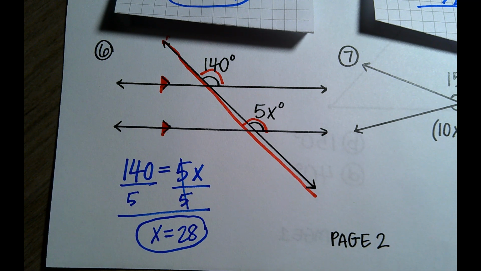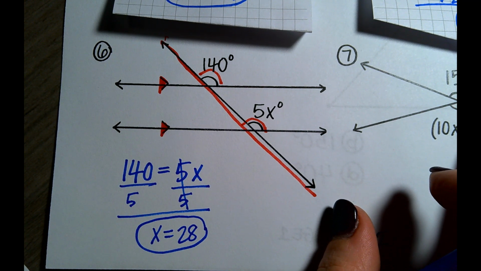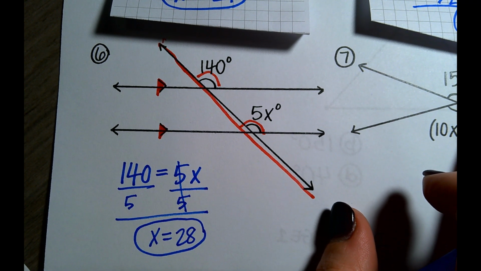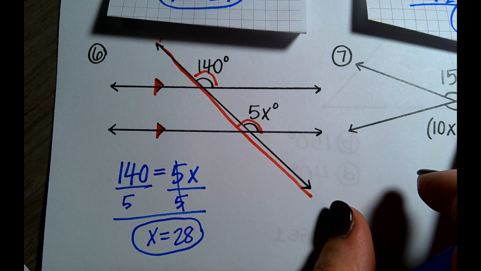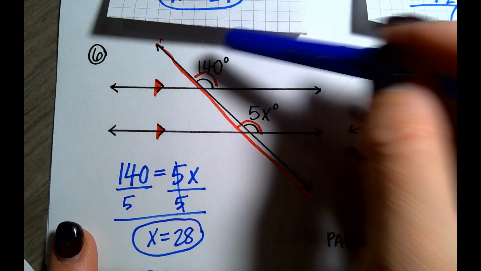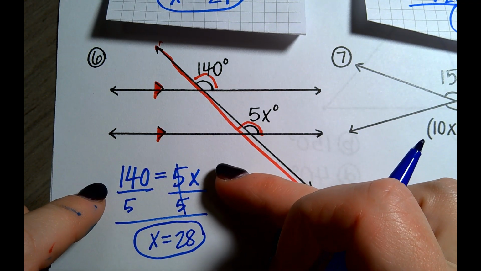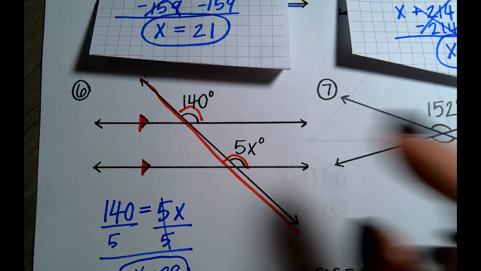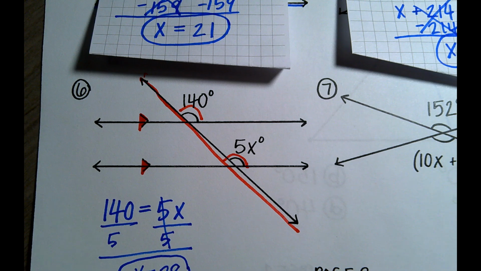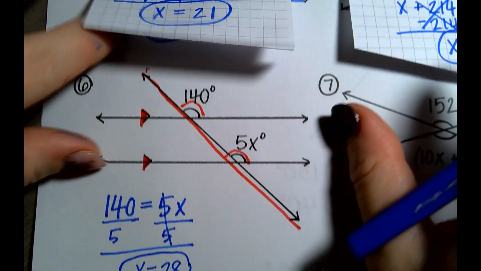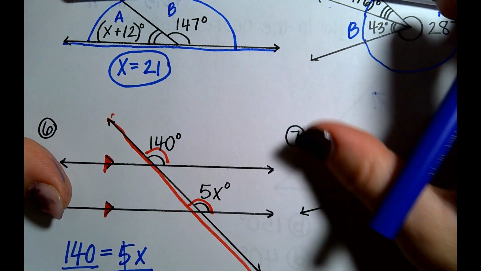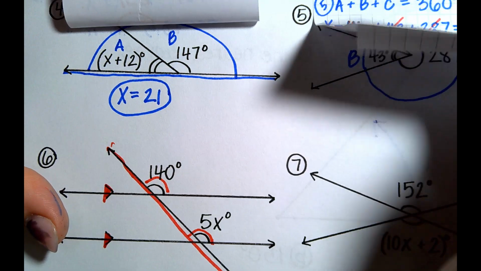How'd you get that? How did I write this equation? Okay, the way that I'm writing this equation is I'm always asking myself, are the angles equal to each other or do they add up to something? In number 4 and 5, all of these angles had different arcs.